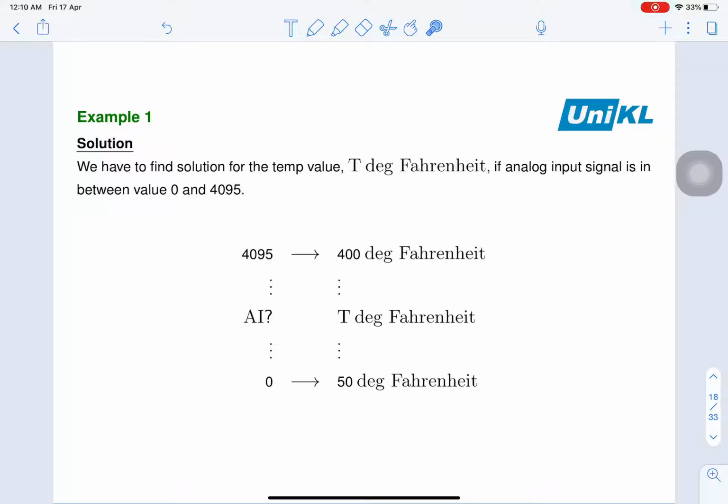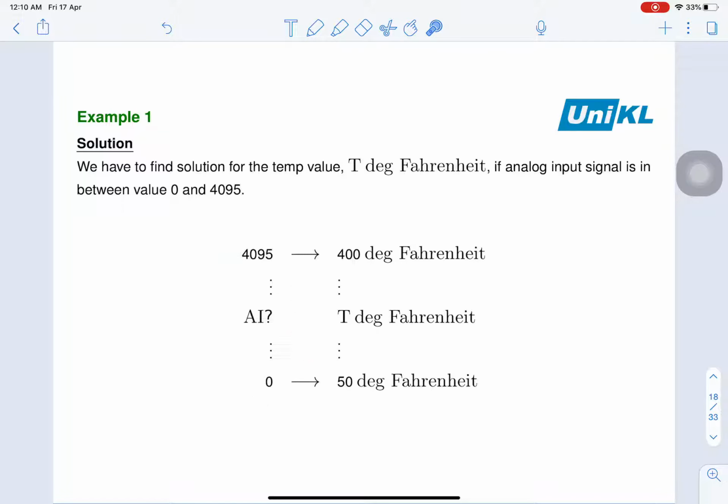So the decimal number is between 0 to 4095. This is the decimal unit sent by the analog input module. On the operator workstation, the display has to be between 50 degrees Fahrenheit to 400 degrees Fahrenheit, and the oven temperature must correspond to this decimal unit.